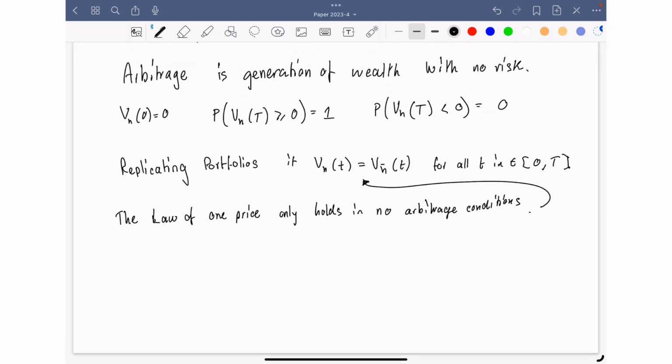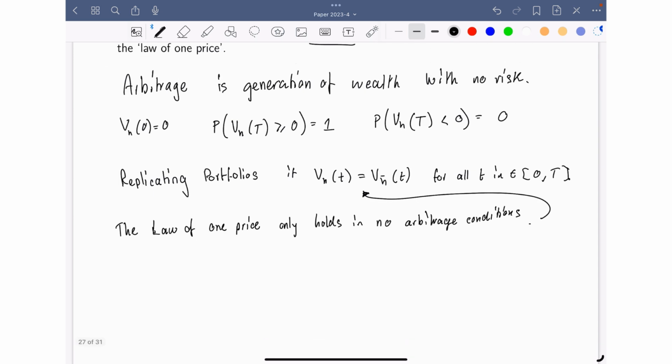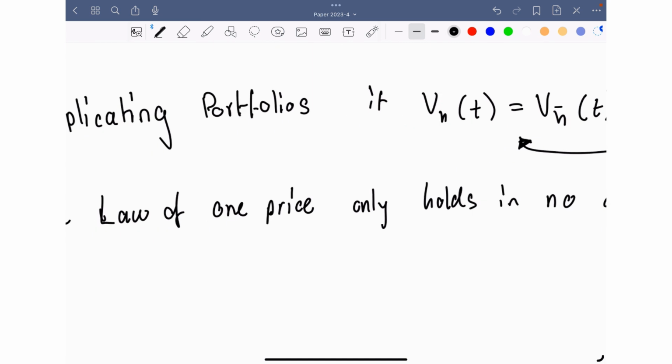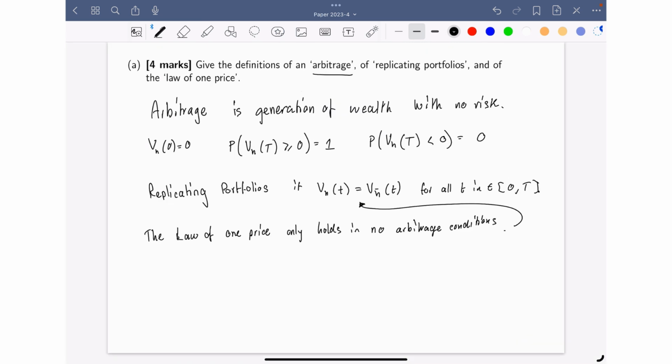So essentially, a replicating portfolio is just the same thing, and the law of one price ties their values together because they are the same thing. Essentially, that's why it's called the law of one price.